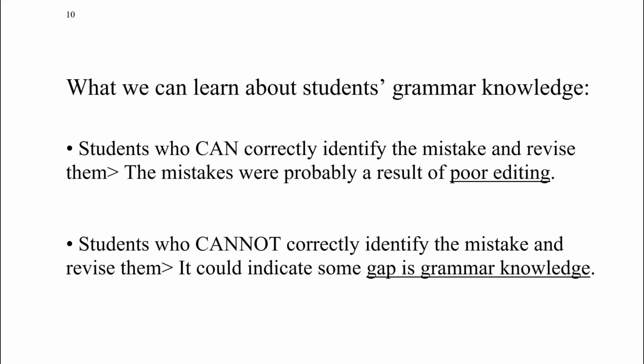Here is something very important that we can learn about students' grammar knowledge from this process. If the student is able to do this, we can feel quite confident that the mistakes that he had made were caused by some poor editing or poor proofreading rather than a lack of grammar knowledge.